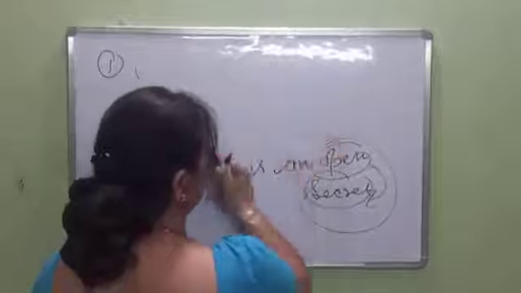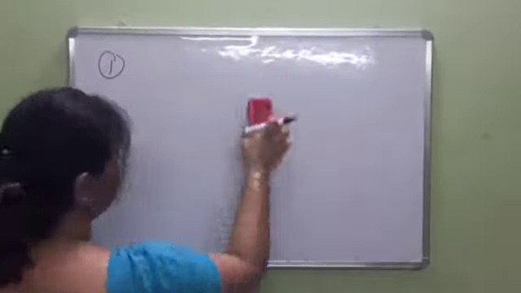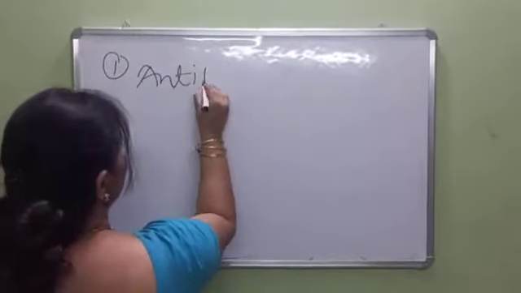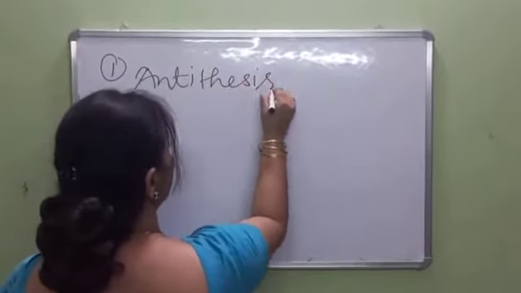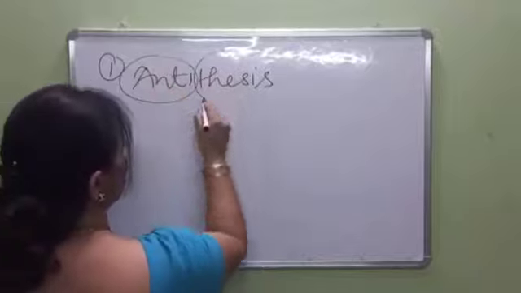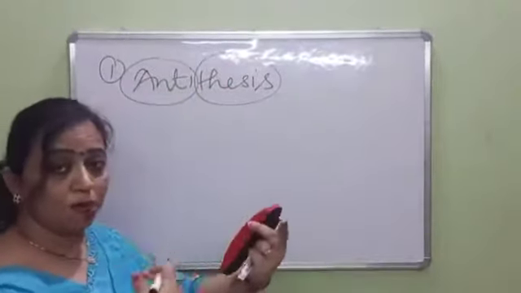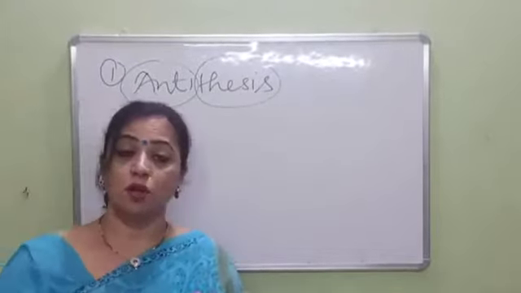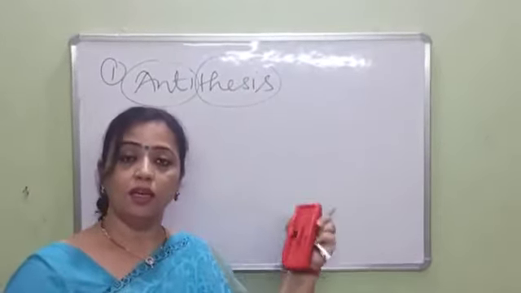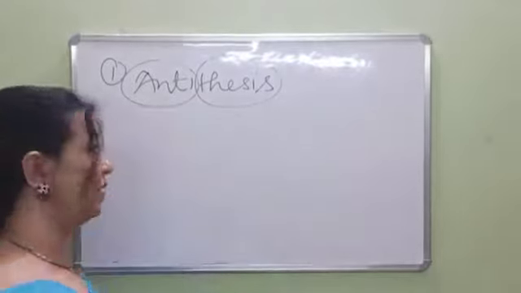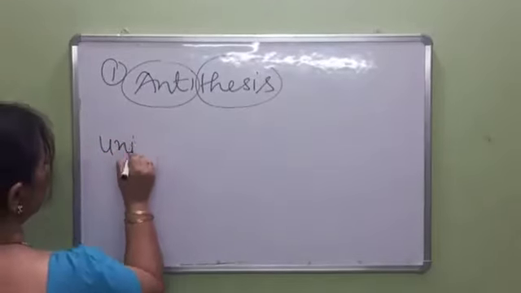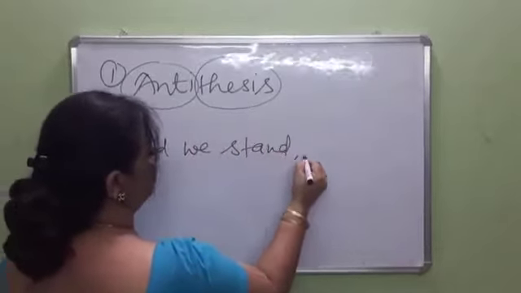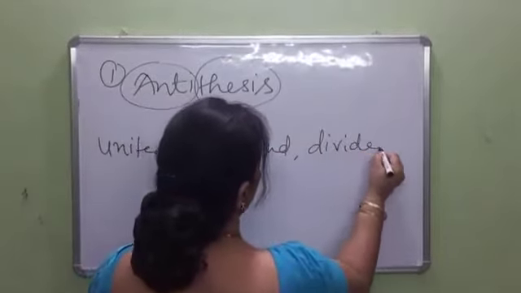And the second one, again a very important figure of speech related to oxymoron, is antithesis. Again you break up the word: anti means opposite, thesis means thoughts. Opposite thoughts given together. Just like we did in oxymoron, opposite words given together, here it is opposite thoughts given together. Example: united we stand, divided we fall.